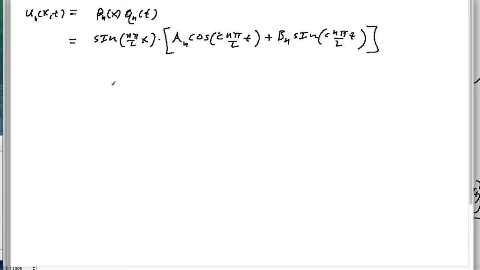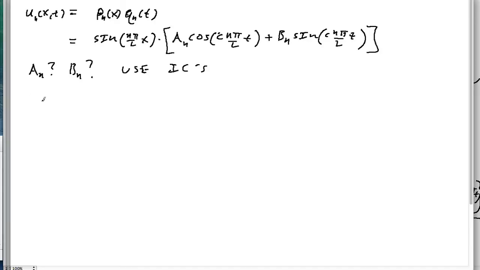Now you have to wonder, how do we find a_n and b_n? Are there ways we can constrain these values? Well, we use initial conditions, and of course we have two of them.